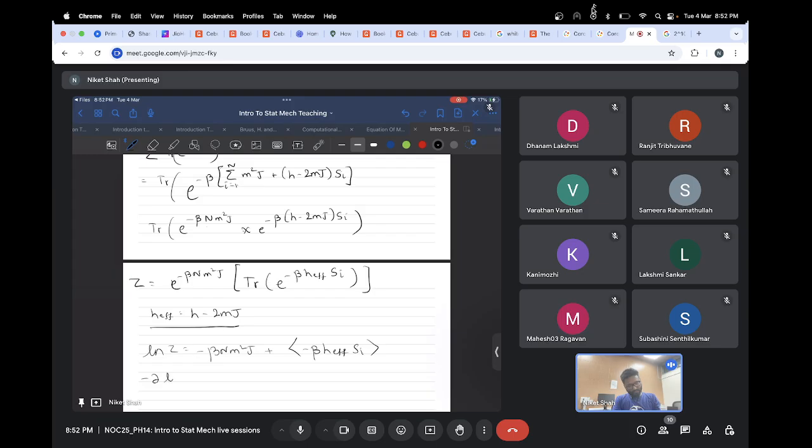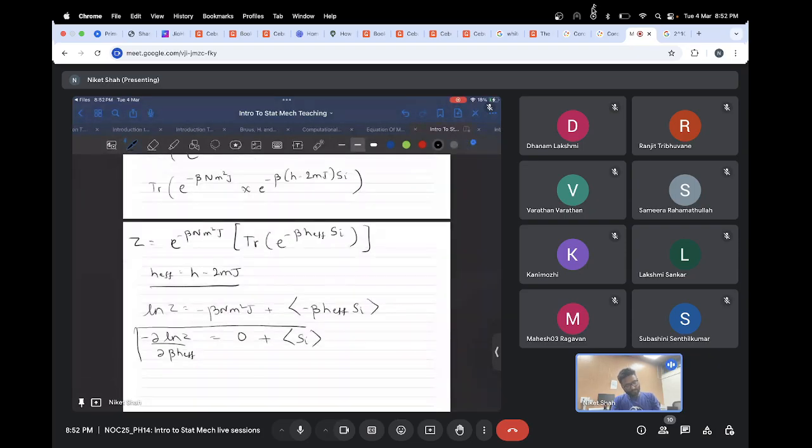Minus del ln z by del beta h effective: here the first term becomes 0, plus there's a negative sign, beta h effective expectation si. Right? So this is my expression. Expectation si is minus del ln z by del beta h effective.